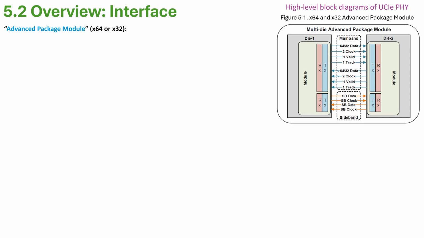Now let's get an overview of this interface. We can see it supports the advanced package module as well as the standard package module. Let's look into the advanced package module first. This is a block diagram for the x64 and x32 advanced package module.